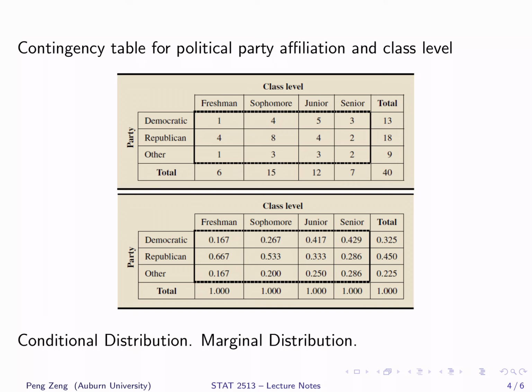Then we look at the row corresponding to Democratic. We find that more and more students become Democratic. This is an interesting trend. Clearly, the more senior a student is, the more likely this student changes from Republican to Democratic. This shows the association between party affiliations and class levels.